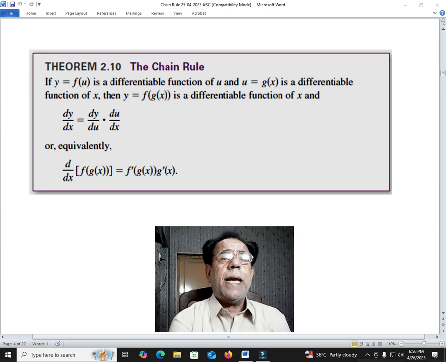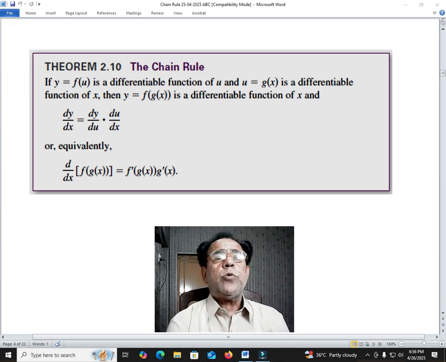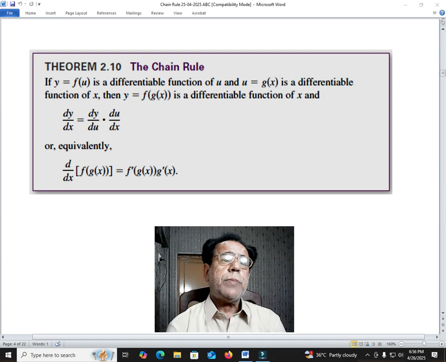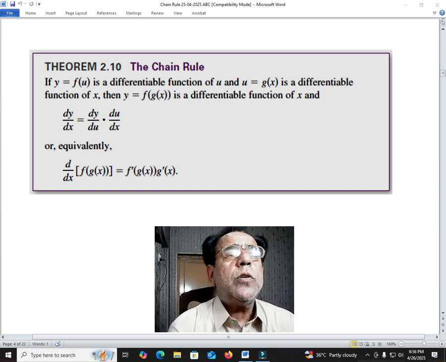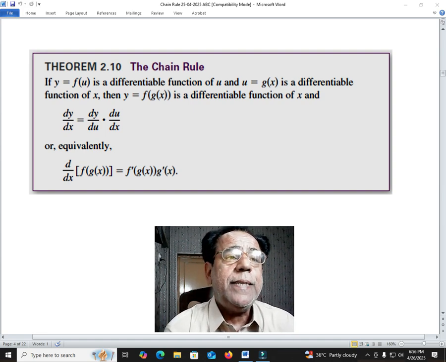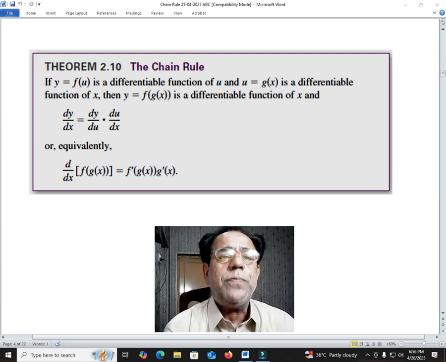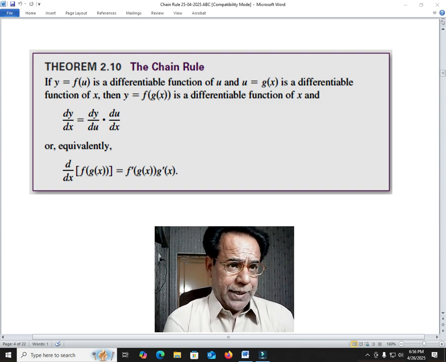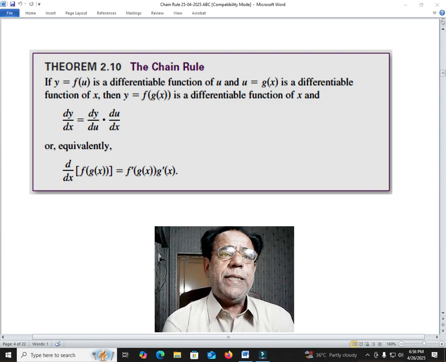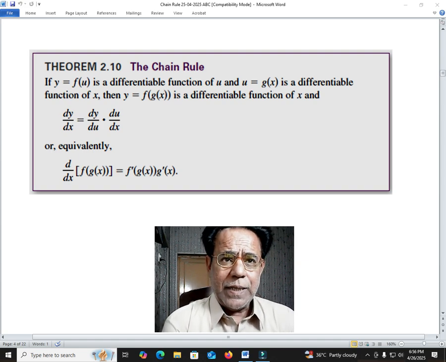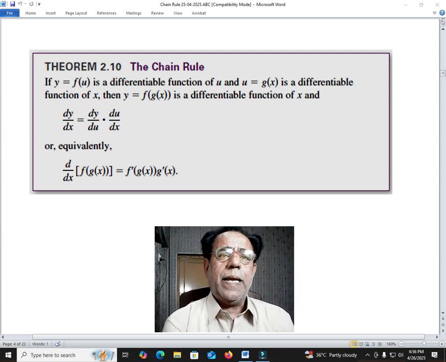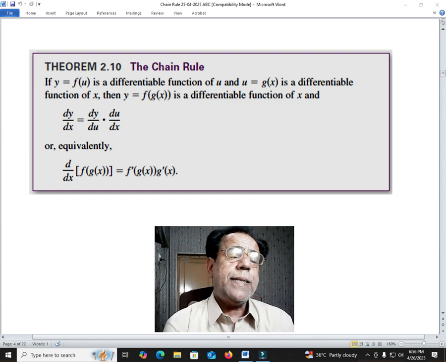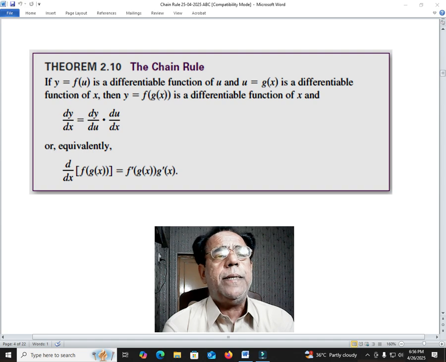Now another version of the chain rule, chosen from some other book. The chain rule: if y is equal to f(u) is a differentiable function of u and u is equal to g(x) is a differentiable function of x, then y is equal to f(g(x)) is a differentiable function of x and dy/dx is equal to dy/du · du/dx.